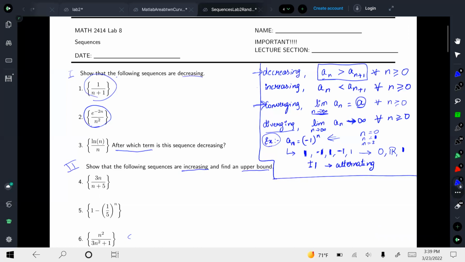Now, this example is special. Why? Because I told you that a sequence will converge if it gives you a real number, and here 1 and negative 1 are both real numbers. So we could say it is converging, but what about the definition of diverging? We say it is diverging if it is tending to infinity.